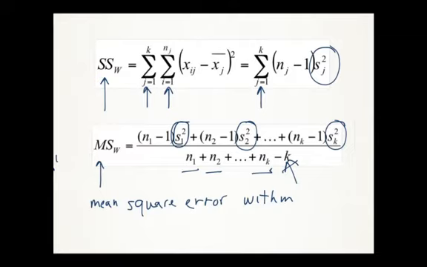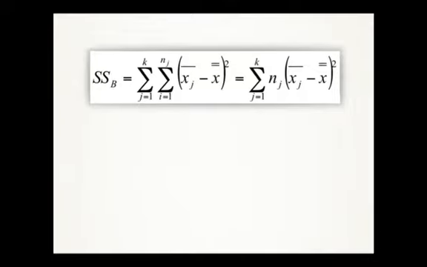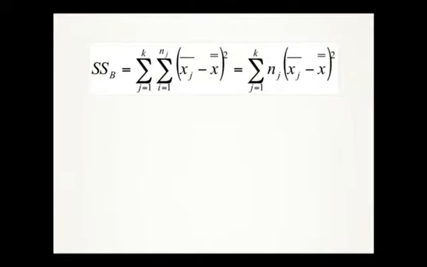Now we can do the same exact thing for the between group variability. So this is the sum over individuals. This is the sum over groups.